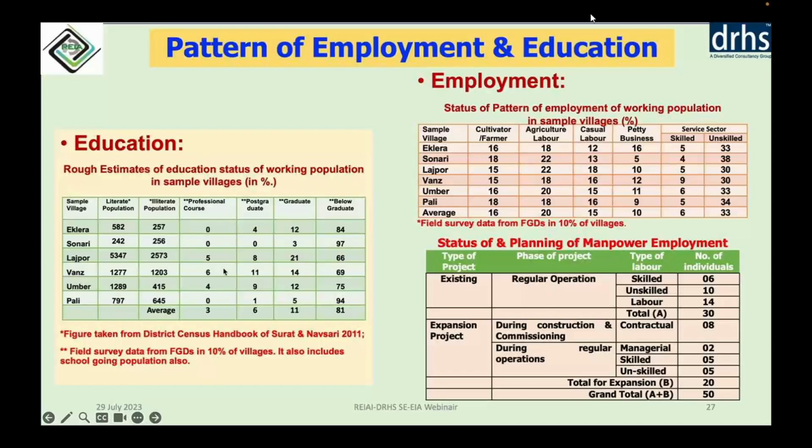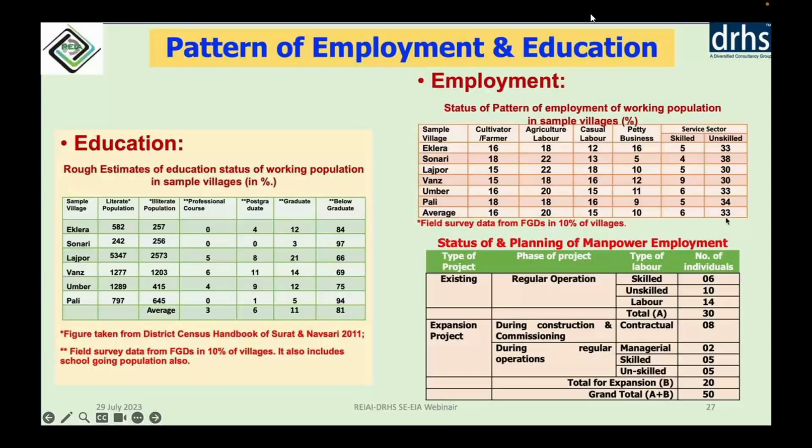So within the 5 kilometers, it becomes the duty of the proponent to take these people in as an employer. Similarly, how much is cultivator, how much is agriculture, casual labor is 15%, unskilled is 33%, skilled is 3%. So you can recommend that skilled and unskilled persons can be taken from these villages.